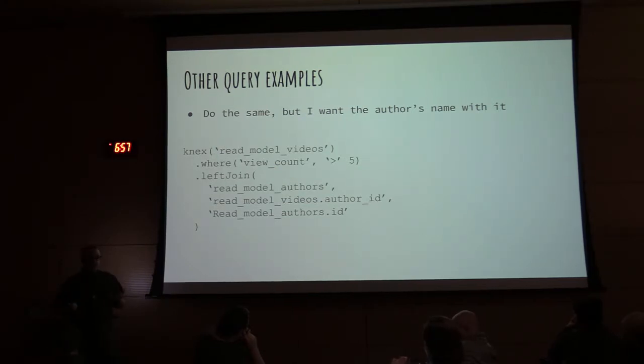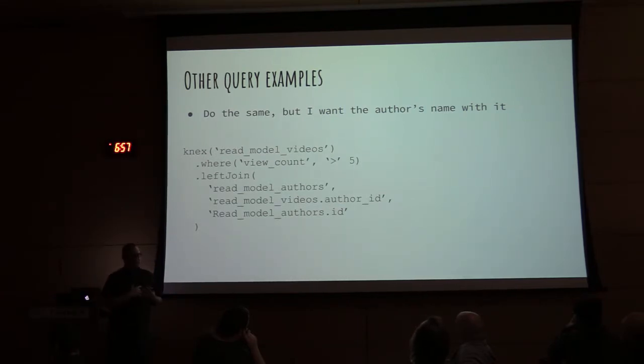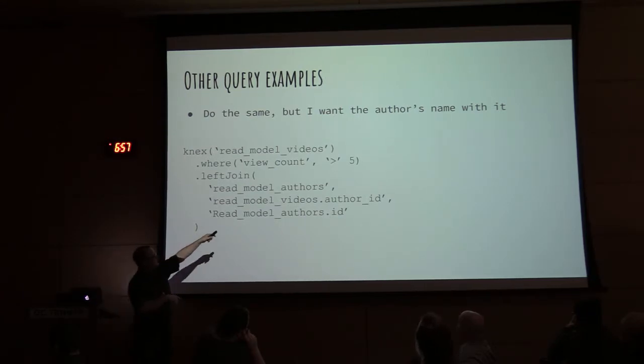Then what's called a join, I can essentially take the two tables, smash them together where they match up on the author ID, and that's what we're saying here. So join this table to the read model authors table where my video's author ID is equal to the author's ID. So now the rows that come back from this query are going to have the data from both tables, and I'm able to get the author's name without having to find 10 videos that match this and then 10 more queries to get their author.